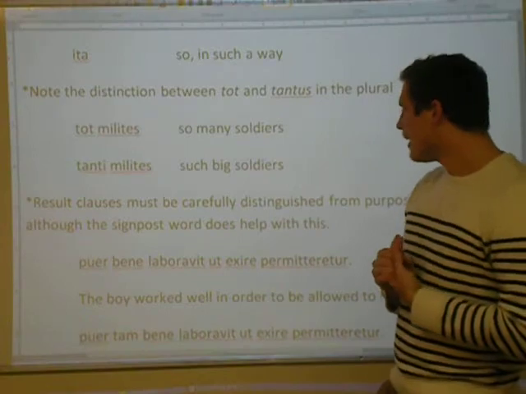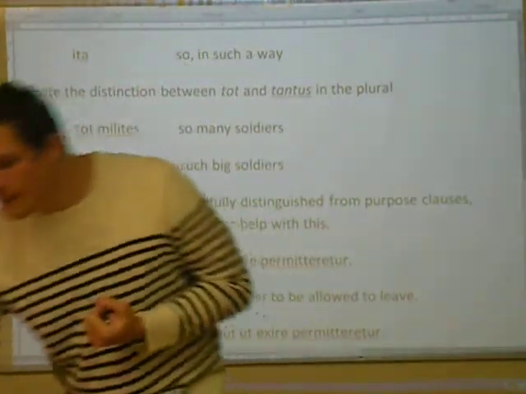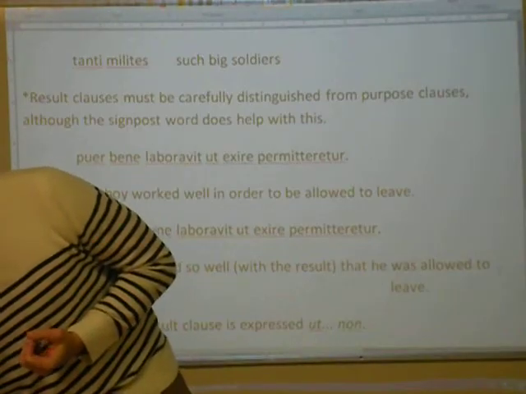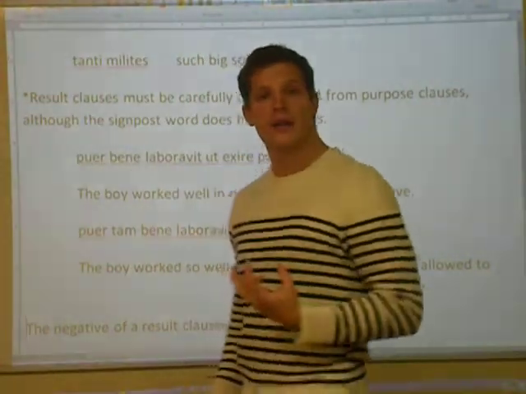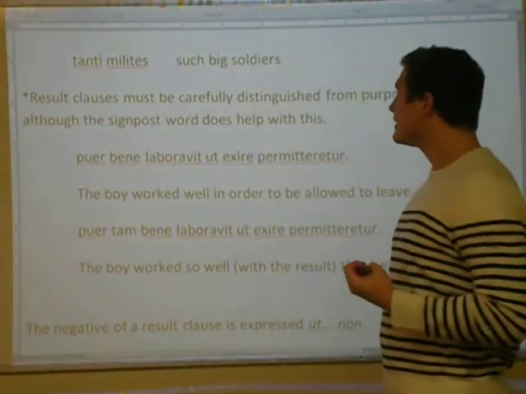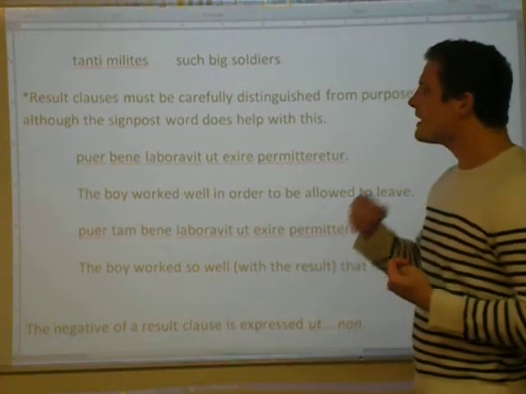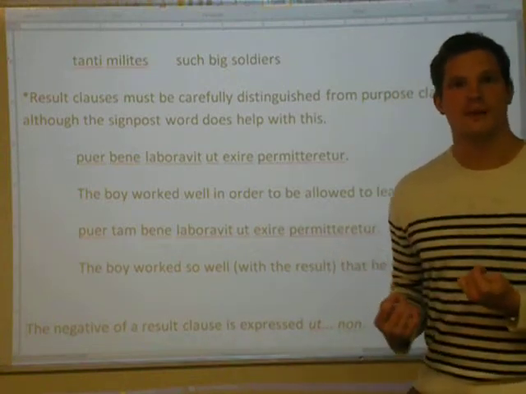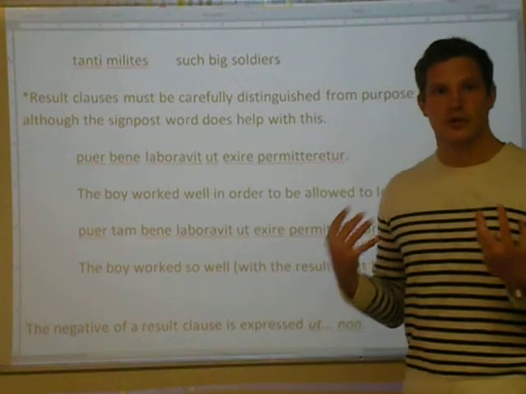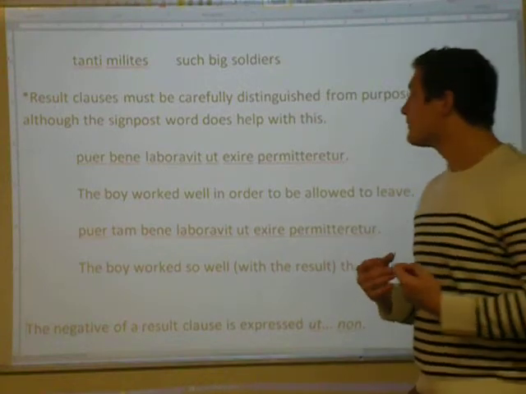Now result clauses must be carefully distinguished from purpose clauses in particular, but also other clauses that use ut with the imperfect subjunctive, and it's particularly these signpost words. That's why they're called signpost words, because they are used to signal that it's a result clause.